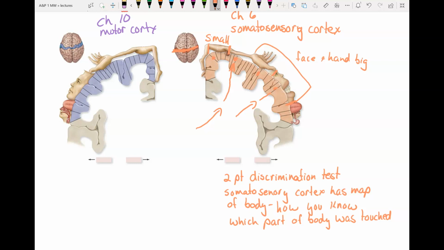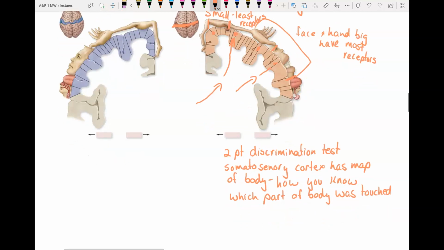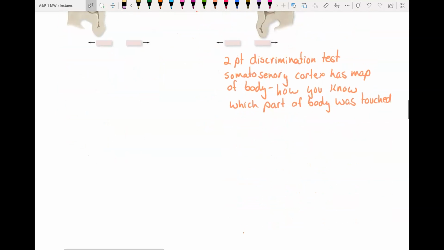Your face and your hand have the most sensory receptors, so you had the smallest distance there. And the parts of the body that are small have the least receptors. So the more sensitive body parts with the more receptors have larger areas of brain that interpret those signals.